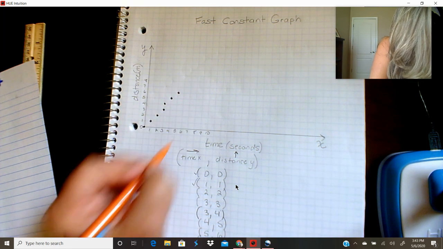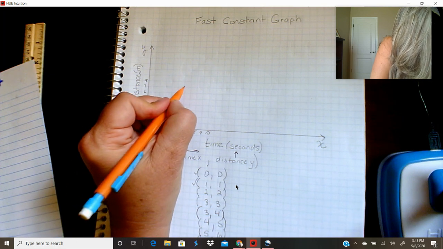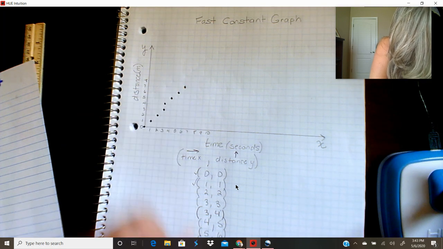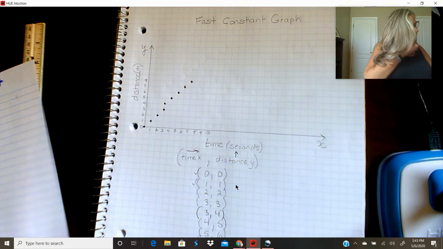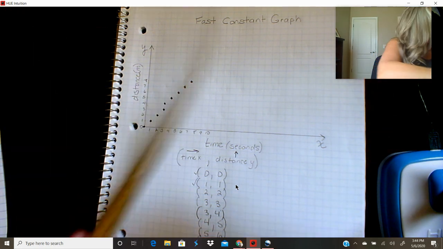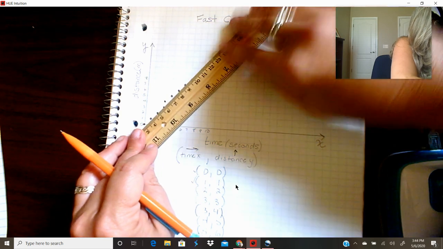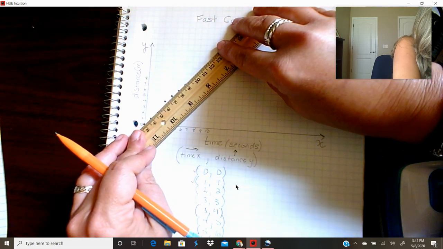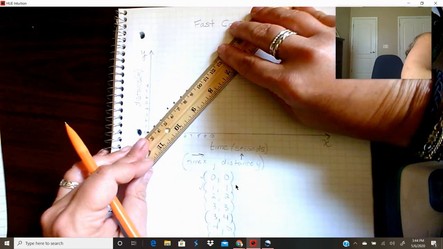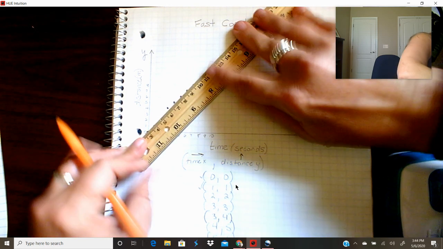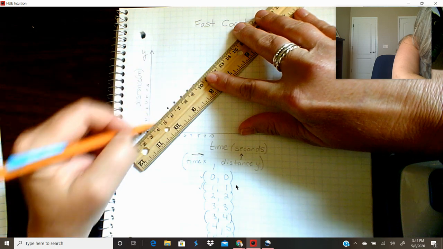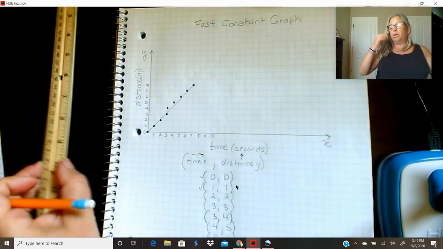And then over 6, up 7. And then over 7, up 8. All right. And my goal here was to show you what it would look like if your speed was increased. So what I'm going to do is just kind of mark it from the beginning to the end and show you what the line would probably look like.